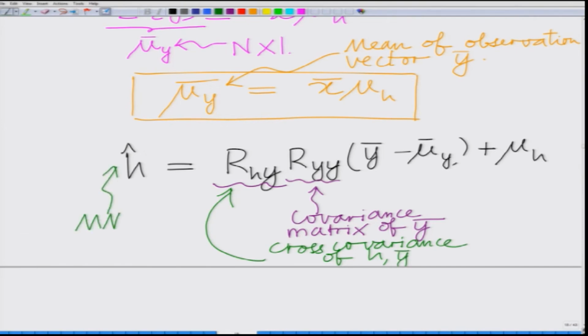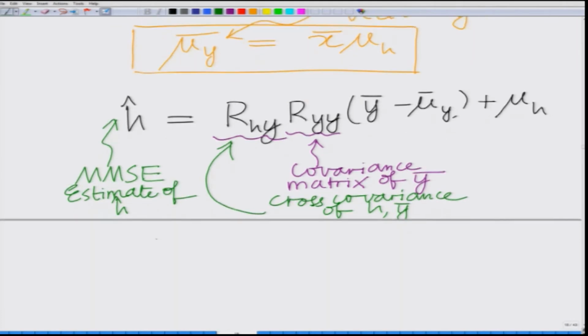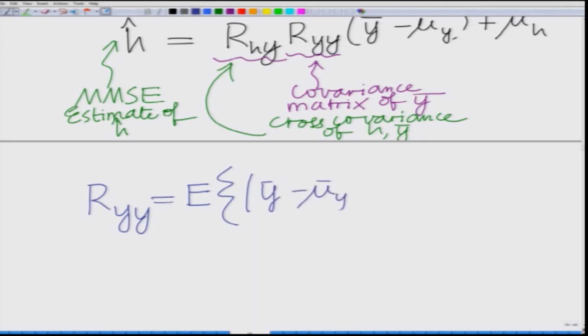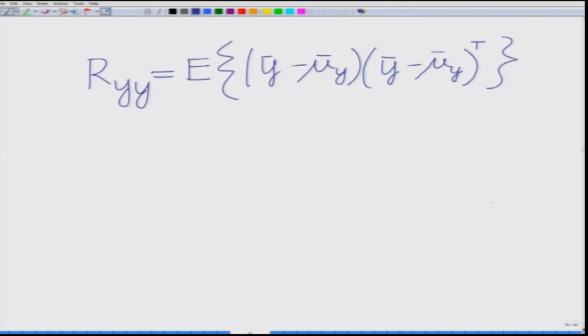This is the MMSE estimate of the channel coefficient h. Now, what is r y y? Remember the definition of r y y equals expected value of y bar minus mu bar y times y bar minus mu bar y transpose. This is the definition of r y y, which is the covariance matrix of y.